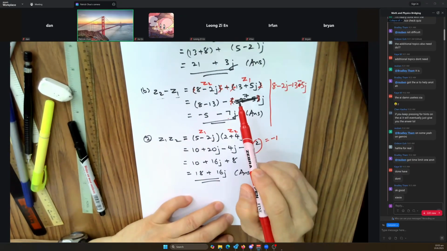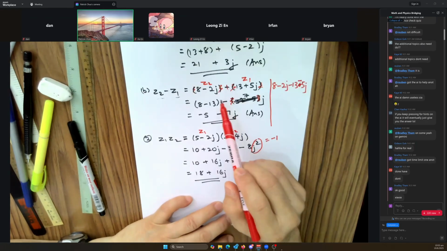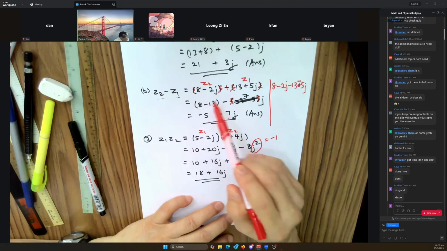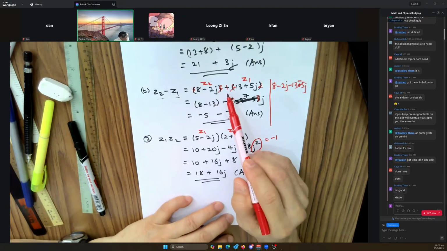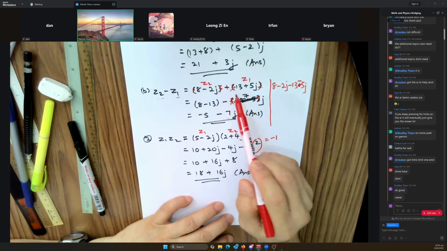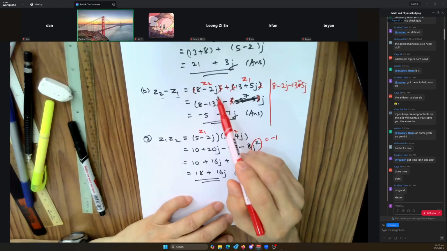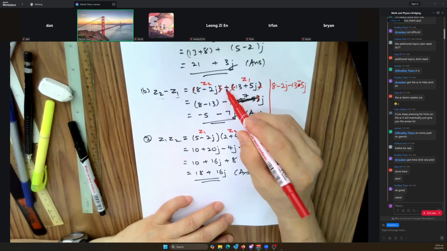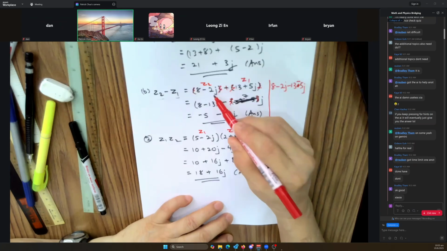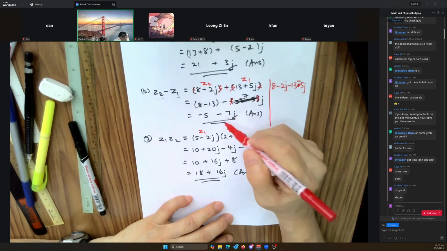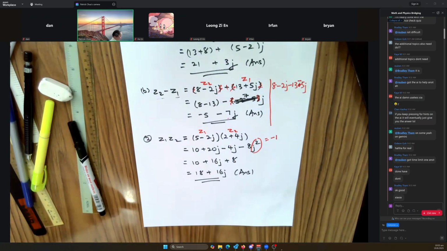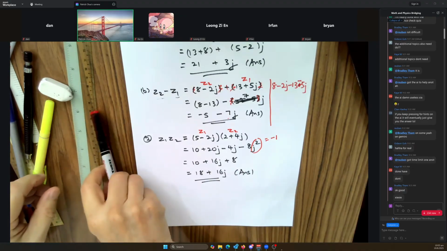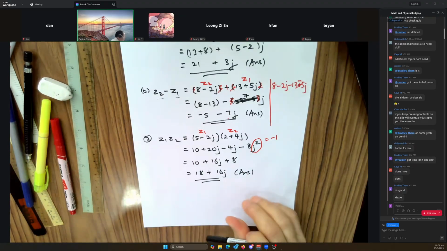So basically, if you think it's less confusing, you want to remove the bracket, then by all means: 8 minus 2j, then you have plus whatever you have put down. So minus 2, then this will be a minus. It is a plus, then it will be a minus. So minus 2j minus 5j gives you minus 7j. There are various ways how you want to do it. Okay, all right.